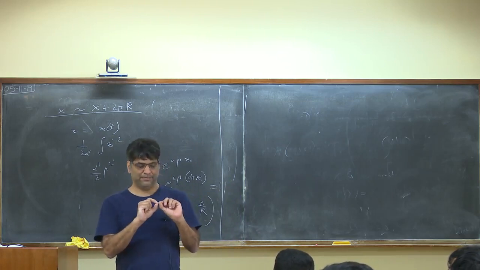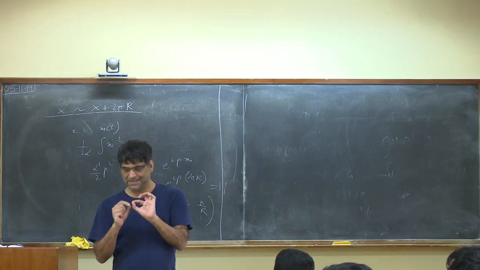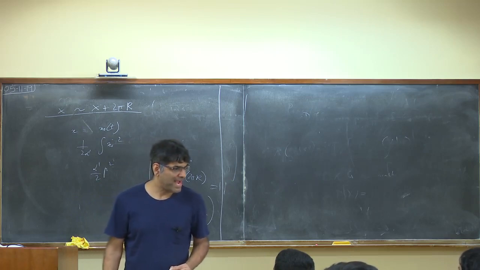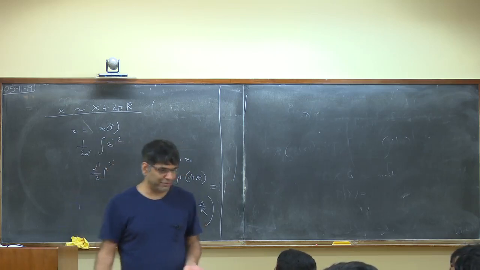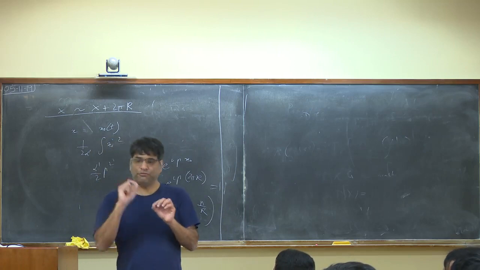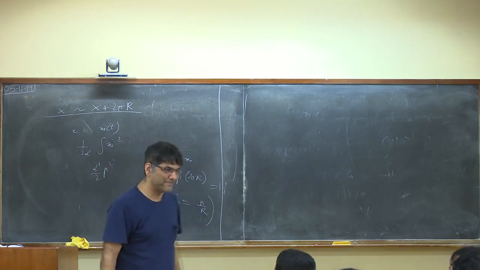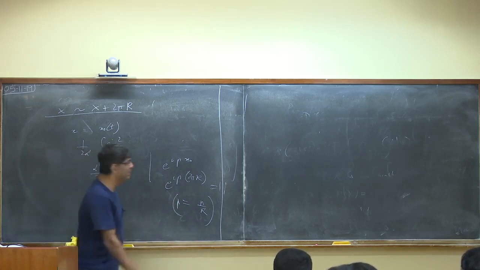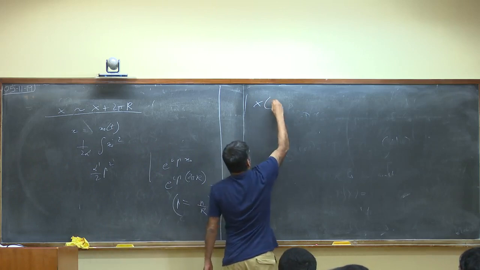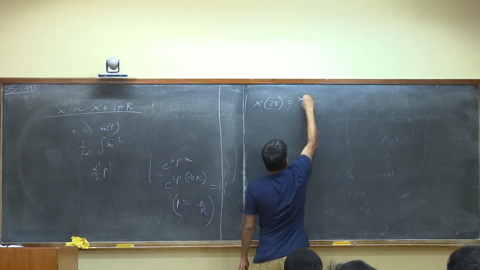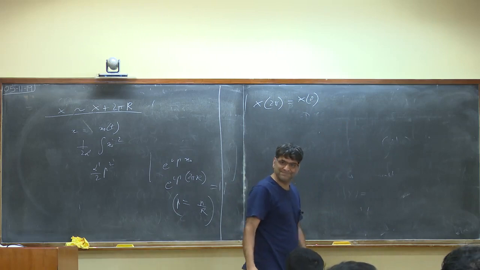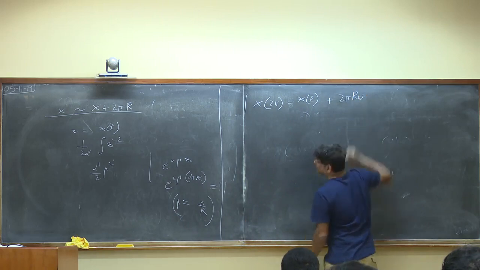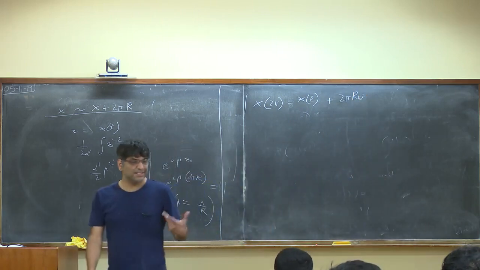When I start from 0 and come back to 2 pi, x has to come back to itself. Previously, when x was uncompactified, it meant that x of 2 pi was x of 0. But here, because x is compactified, what it really means is that x of 2 pi is equal to x of 0 plus 2 pi r times w, where w is any integer.